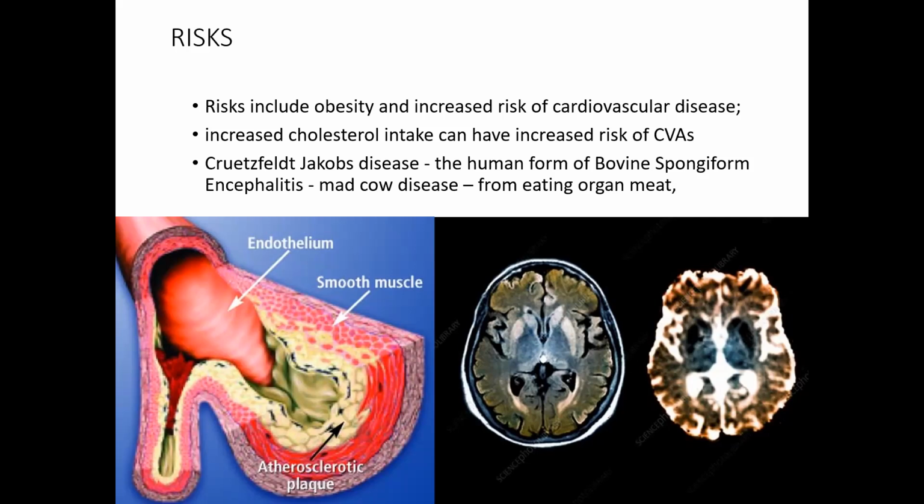Now, where do you get the infected animal? Well, if you like to eat venison, there is a real concern about the deer version of mad cow disease called chronic wasting disease. And it tends to locate itself around the central nervous system of the deer, but it can spread to any of the meats.